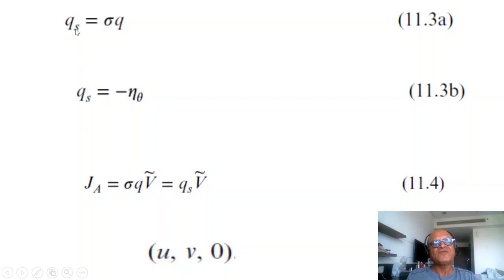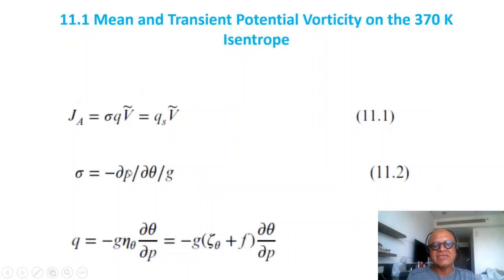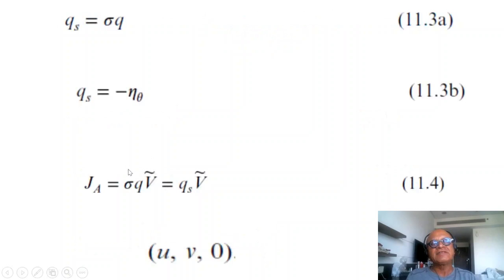So the potential vorticity multiplied by this isentropic density can be thought of as a potential vorticity substance. It's not just the potential vorticity, but it has a unit mass associated with it, where again QS is minus eta theta, which is our total isentropic vorticity that we discussed before.